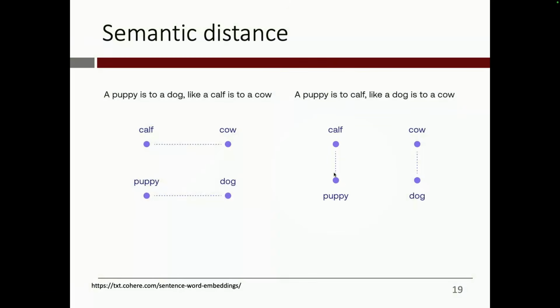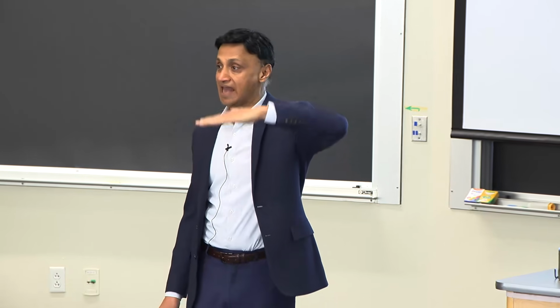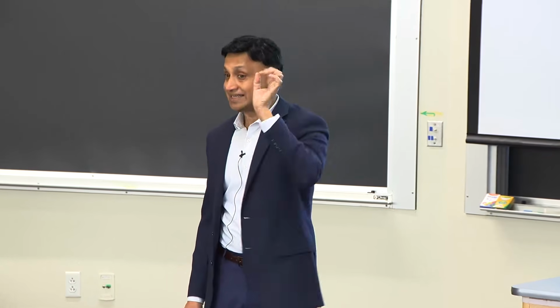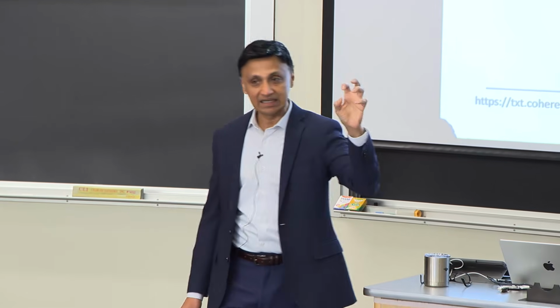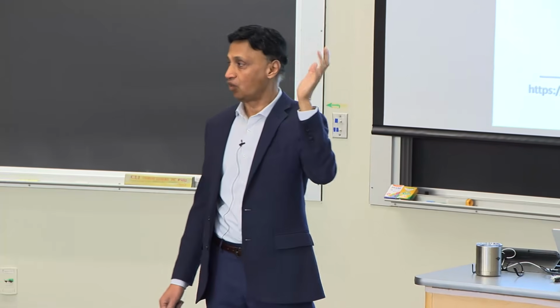So the vertical dimension measures some sort of variation across animal species of the same roughly sort of maturity stage. Okay? So these directions also matter. It's not just the distance. Okay? That's what I mean when I say semantic relationship and geometric relationship. Relationship is distance and direction, right? Both have to be involved.